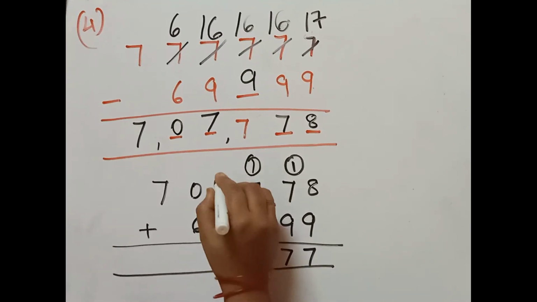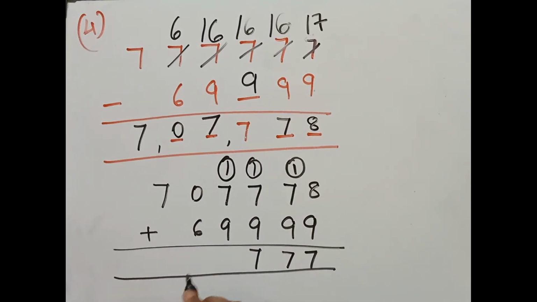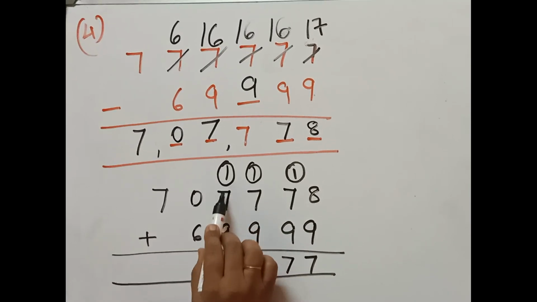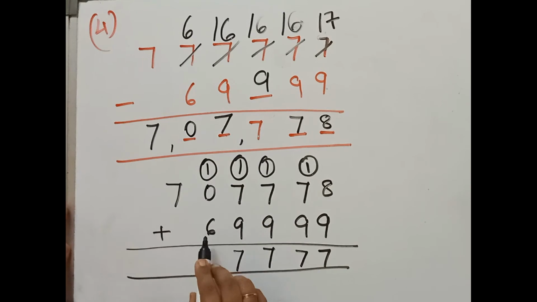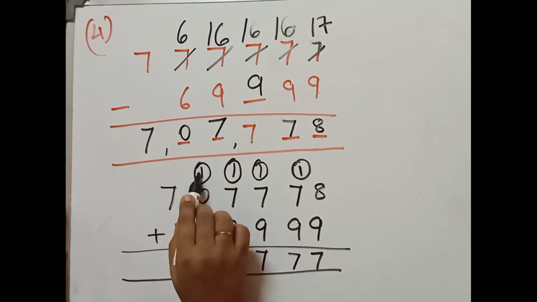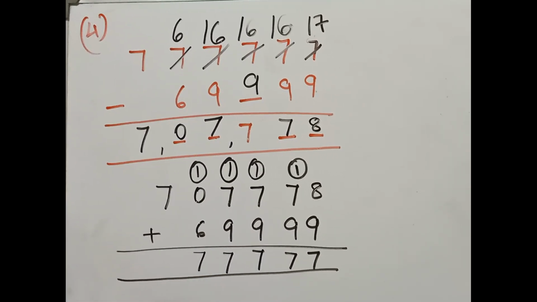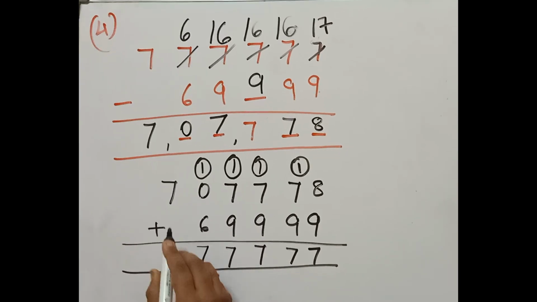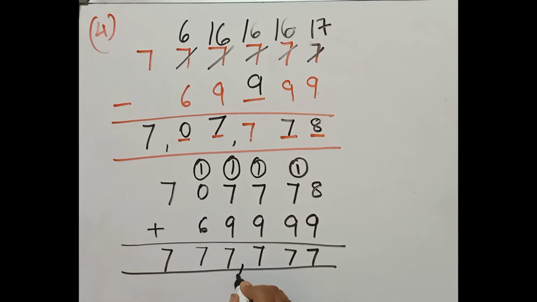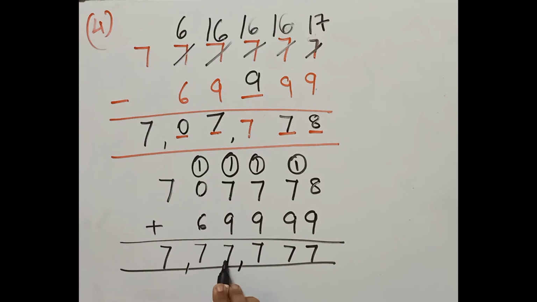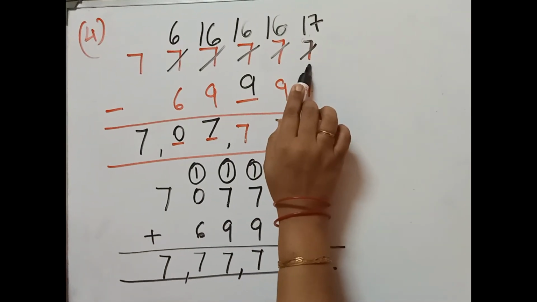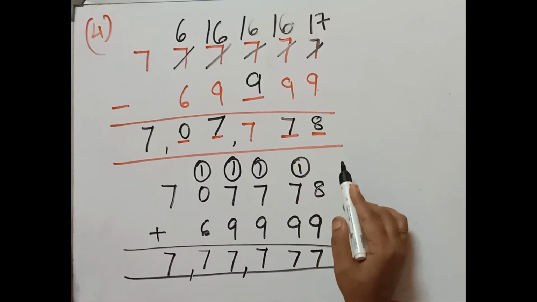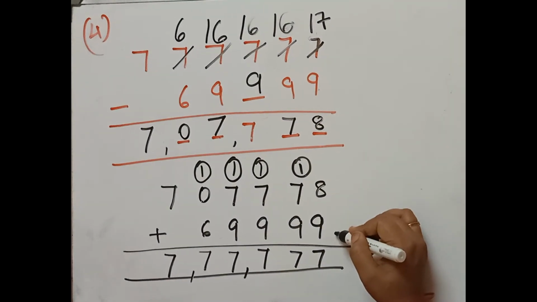Again 7, it is carry over. 9 plus 1, 10. 10 plus 7, 17. 7, 1 carry over. 6 plus 0, 6. 6 plus 1, 7. And here there is no number, so 7. So I am getting the same answer, 7,77,777. Same number which we have got in the question. It means we have done the subtraction correctly.